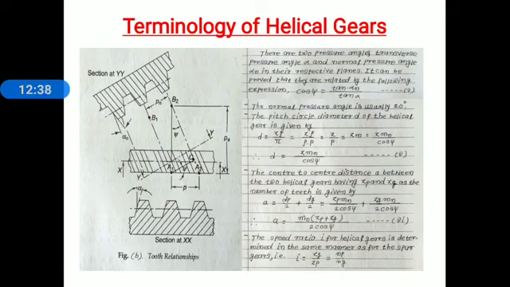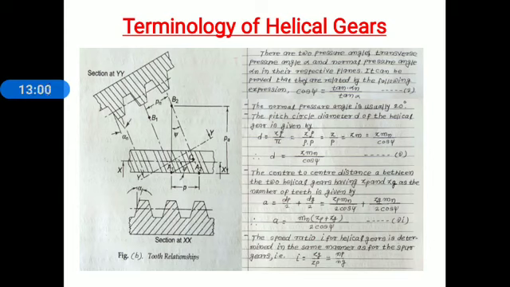Again we use another expression, z divided by capital P, and capital P is the diametral pitch. Now it is again the reciprocal of module, that's why we have to write z into m.